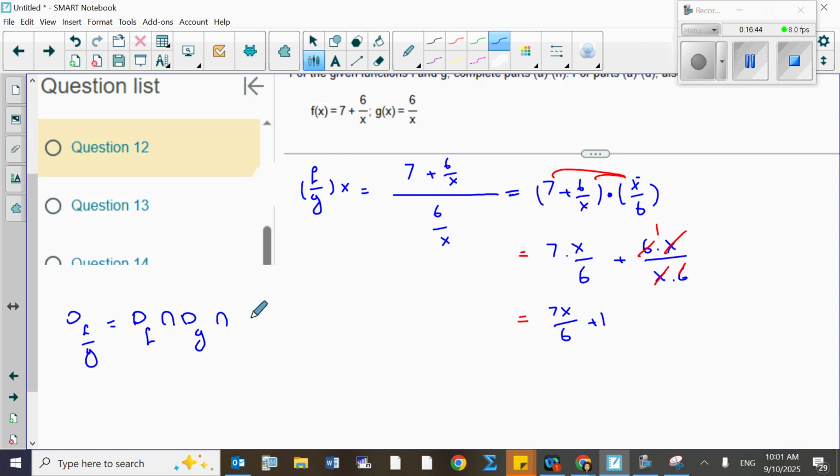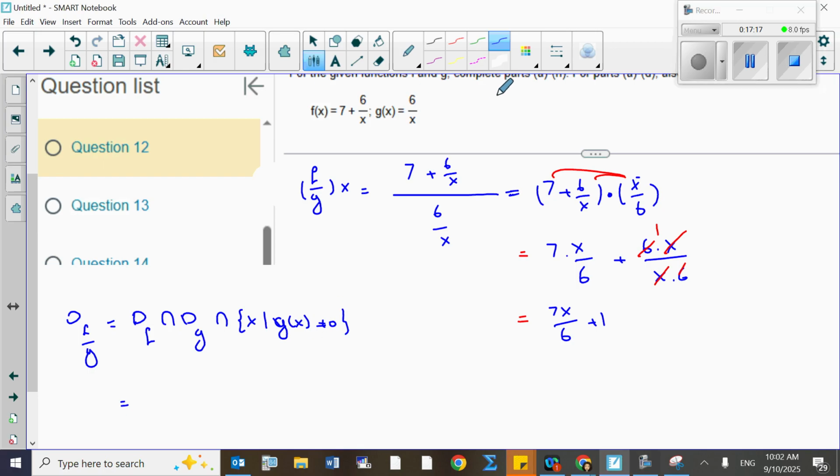So we want to look for all the x values such that g of x is not equal to 0. So what is that? Domain of f is all x not equal to 0. Domain of g is all x which is not equal to 0. And the same is here as well. I need to know what is the value that makes g of x equal to 0 and then exclude that.